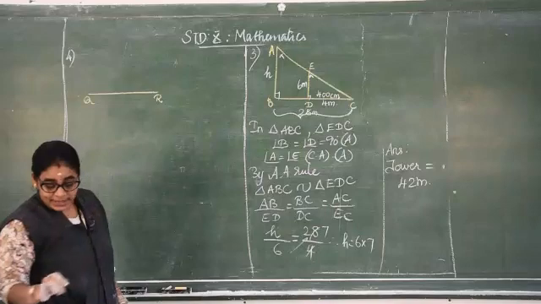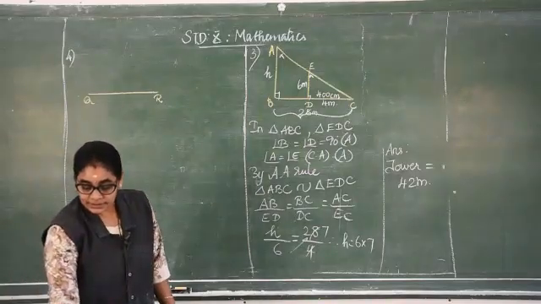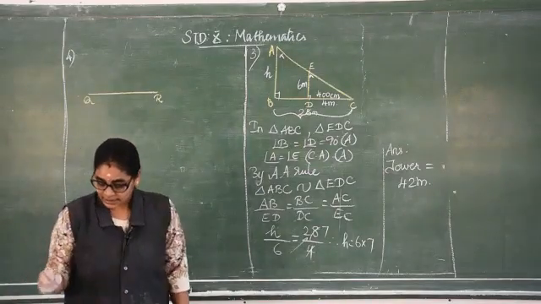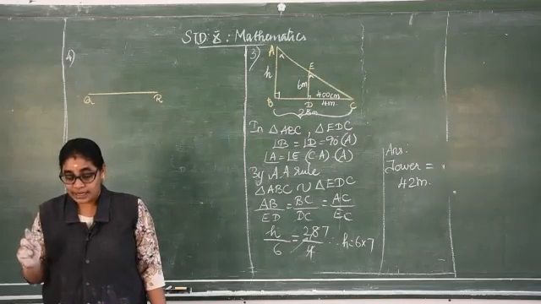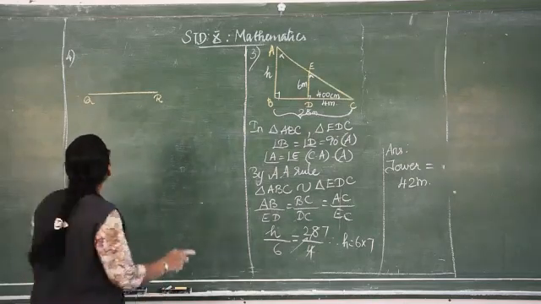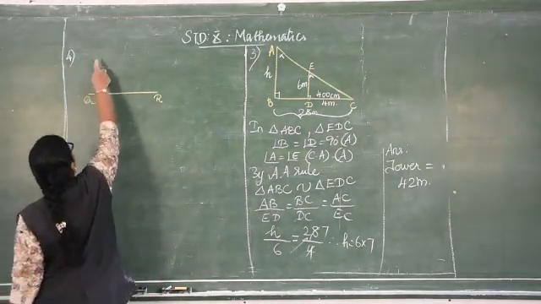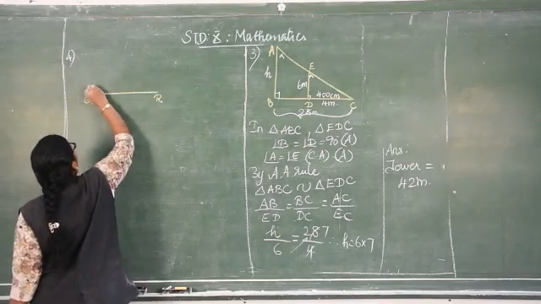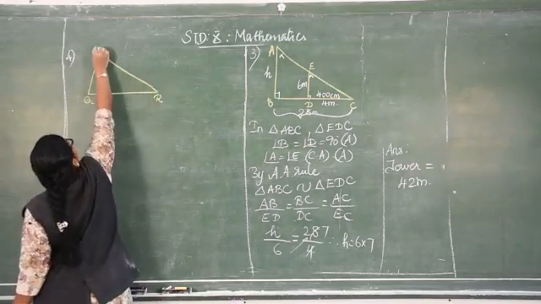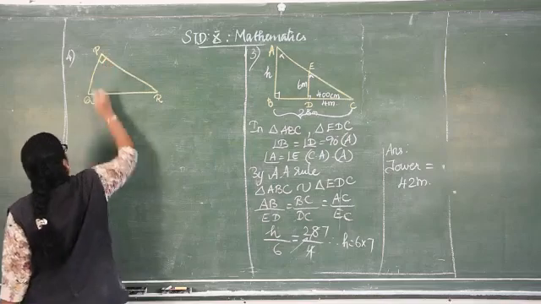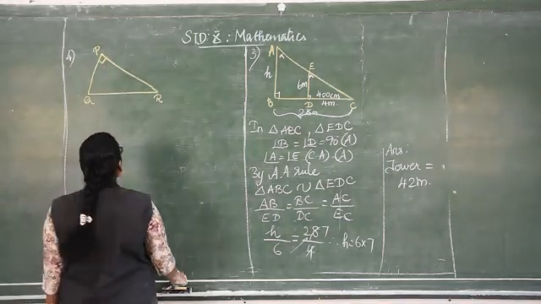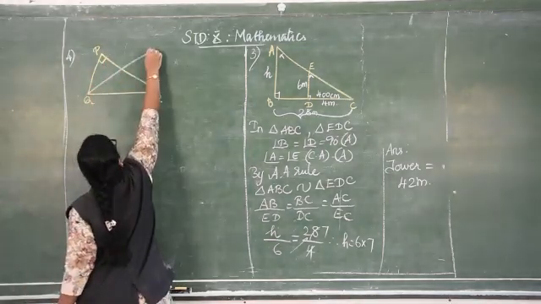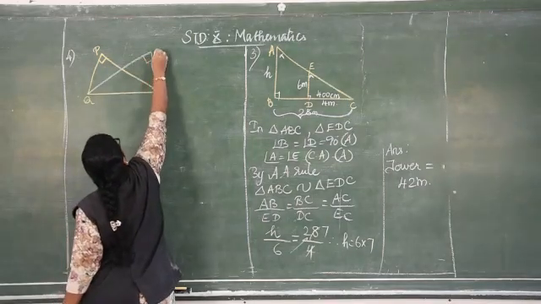With the same base, we are drawing two triangles. So, triangles QPR, 90 degree, and another one QSR. This is also 90 degree.